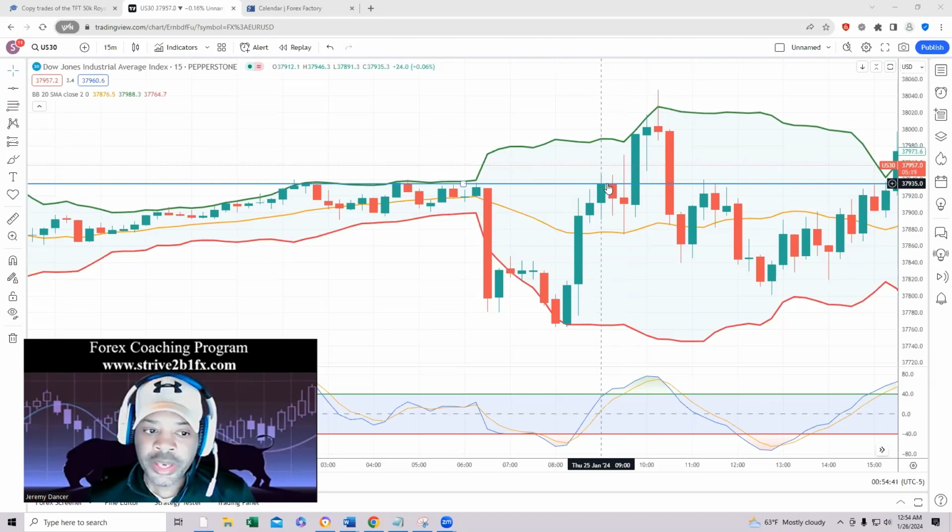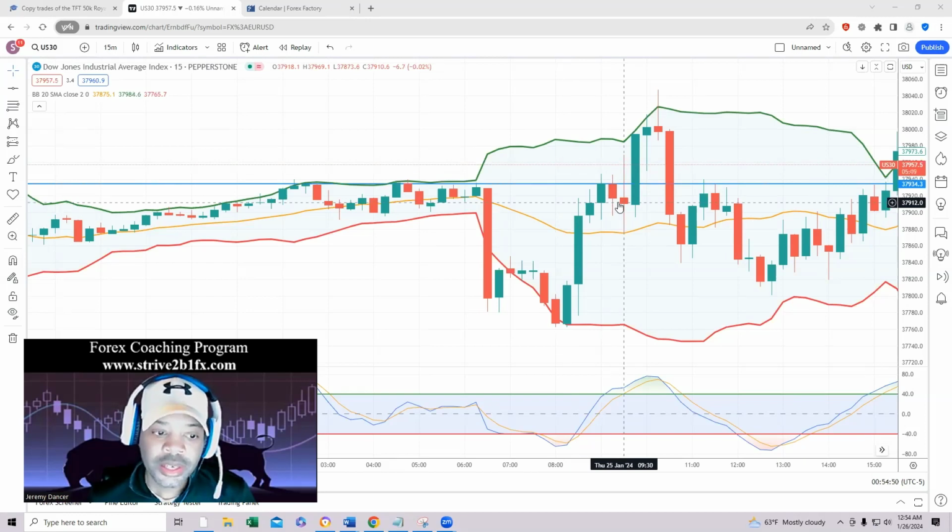All right. So if you wake up too late, or if you're working or whatever the case may be, and you miss the 8:30 time, then the next best time to trade this currency or this asset or index is going to be at 9:30. So if we look at 9:30, what do we see here? We see that the value of the price is still higher.